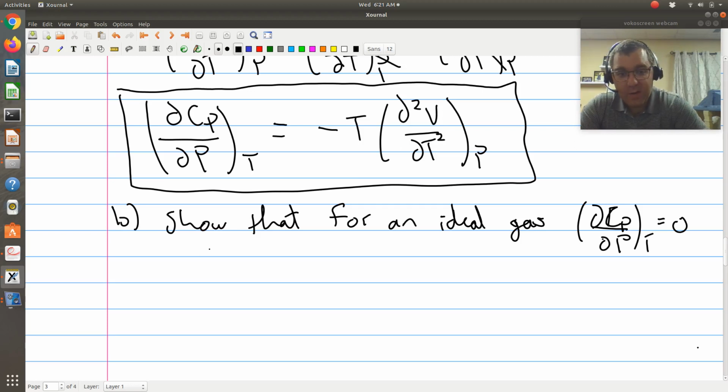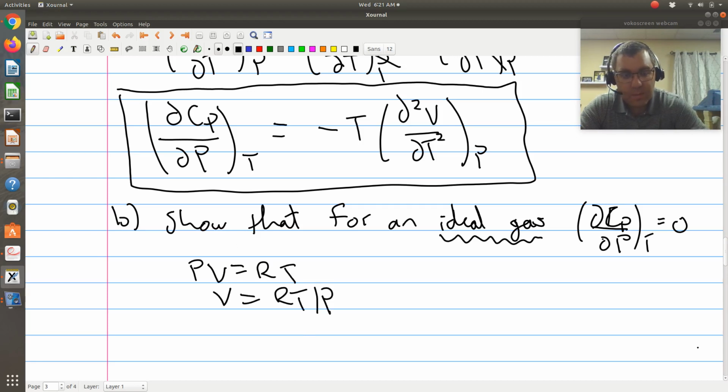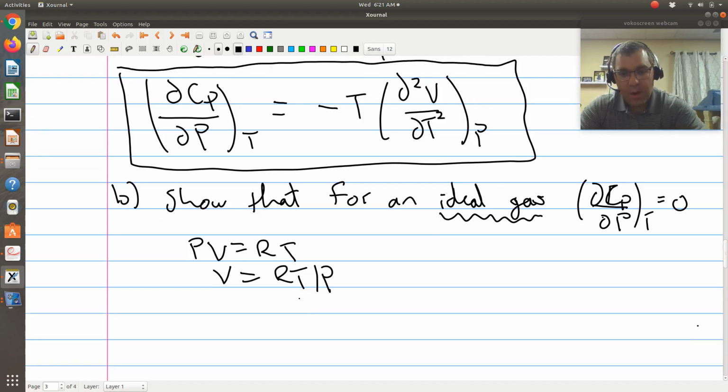Well, for an ideal gas, and I'm going to emphasize this is for an ideal gas, we have the ideal gas equation of state: PV equals RT. So V is equal to RT over P. All right, so I need d²V/dT² at constant P. I need a second derivative, so I'm going to start with the first derivative.